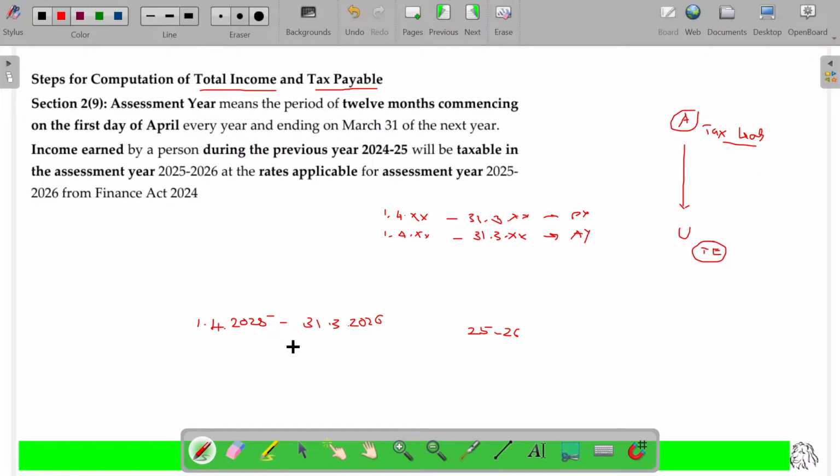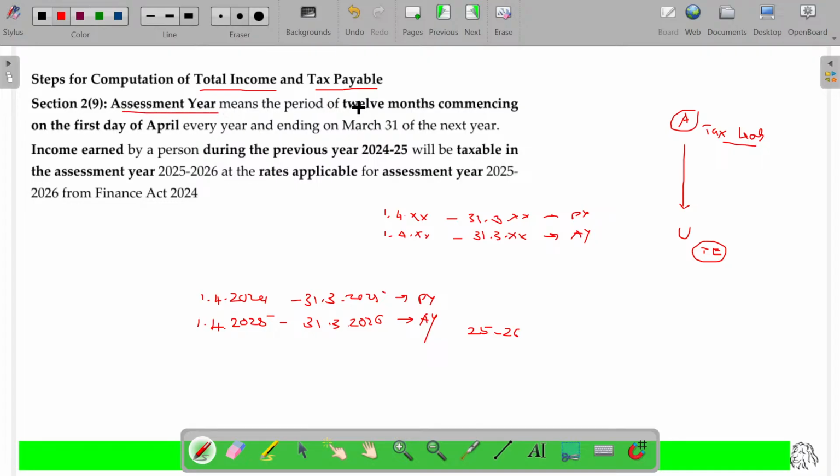Then you have to calculate for the year 1/4/2024 to 31st March 2025. In this year, you are going to write the exam. In this year, you are going to assess the income earned in the previous year. So, the year in which we assess the income of the previous year is called the assessment year. Prior to that is the previous year. Clear?